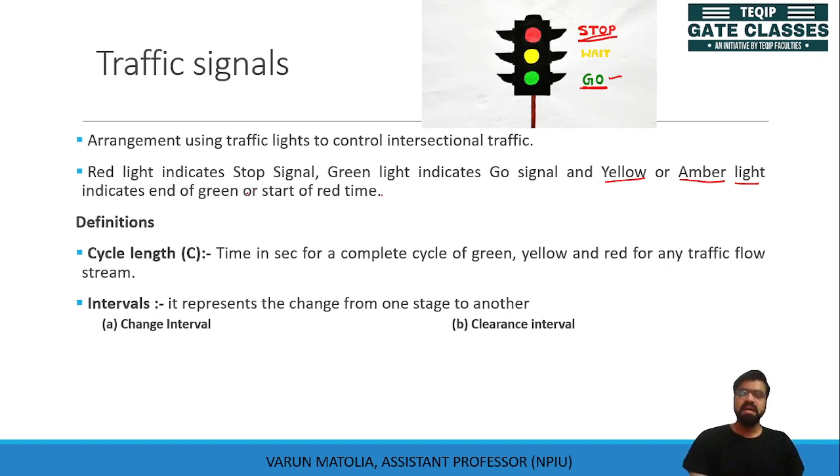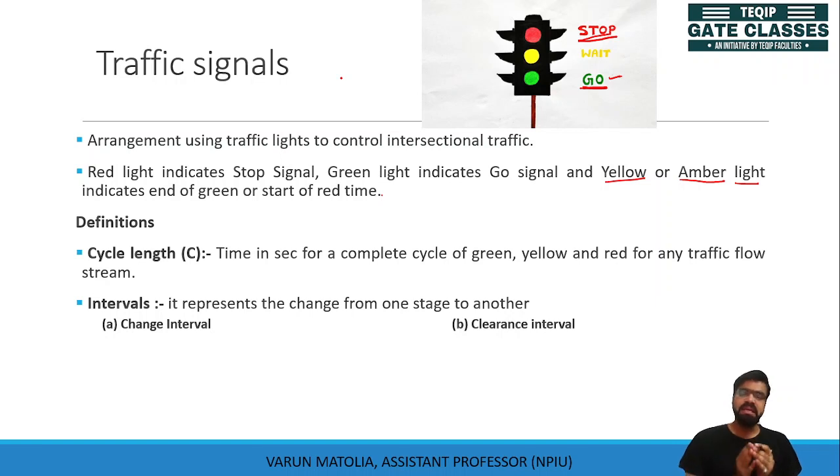Now let us go through some of the definitions which will help us to design these traffic lights, traffic signals. We want to design these traffic signals in terms of time. What time should be allowed for a red signal? What time should be allowed for a green signal?